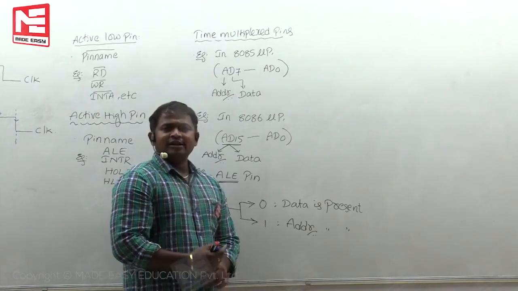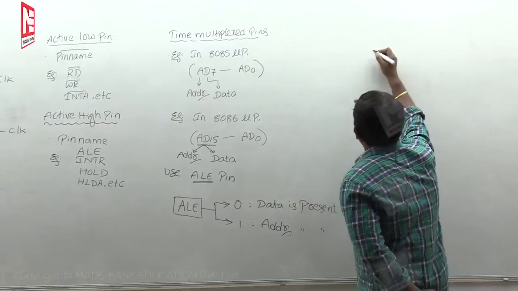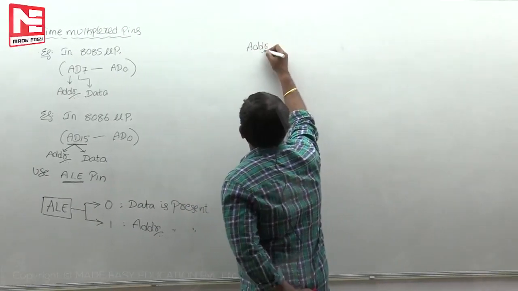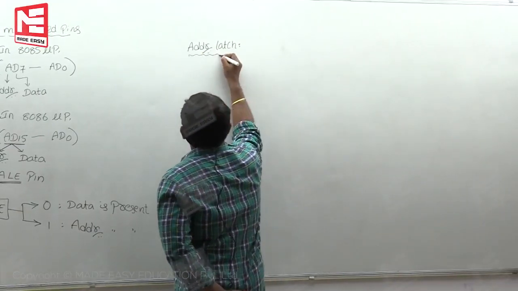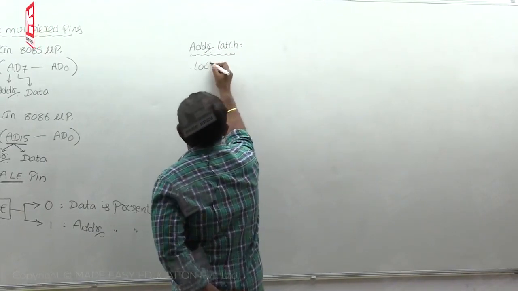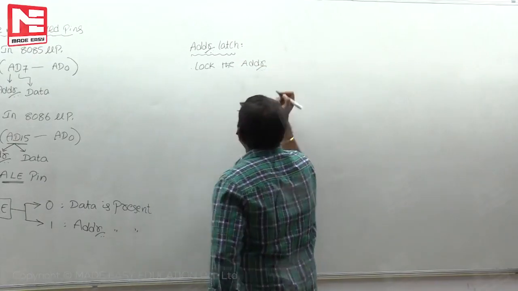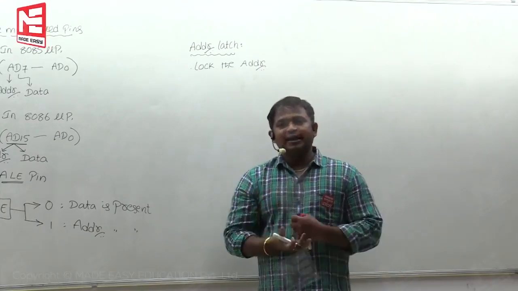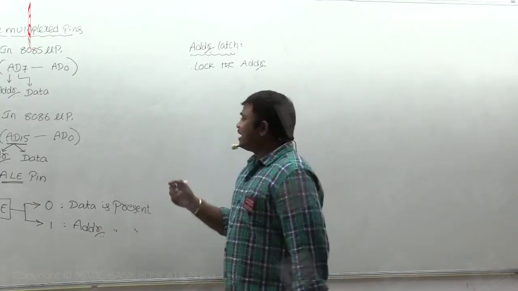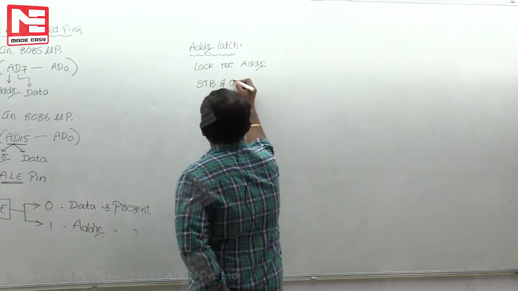Clear? Then what is address latch? Address latch is used in memory interfacing to lock the address. Okay. So this address latch has two control pins, STB and OE bar.